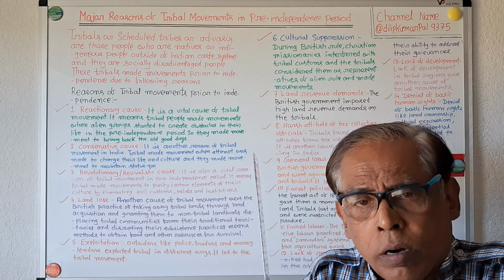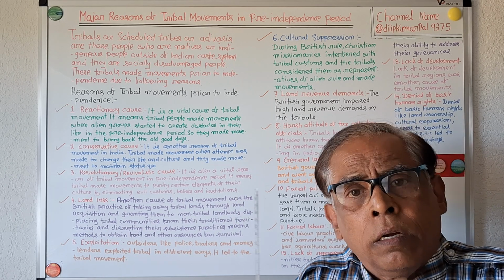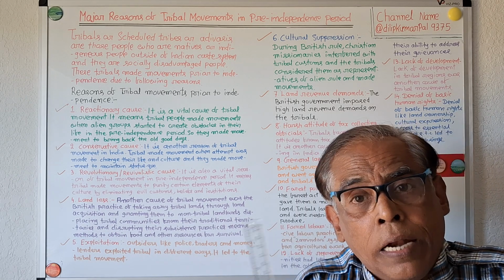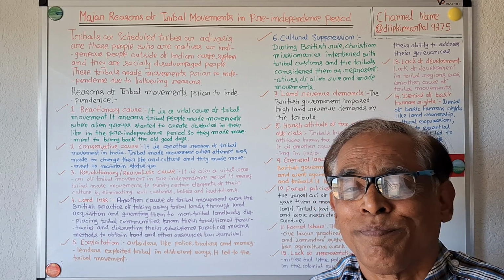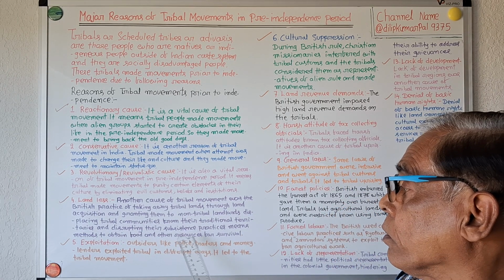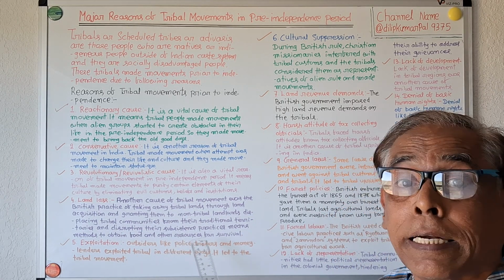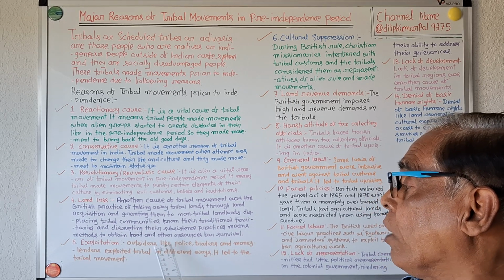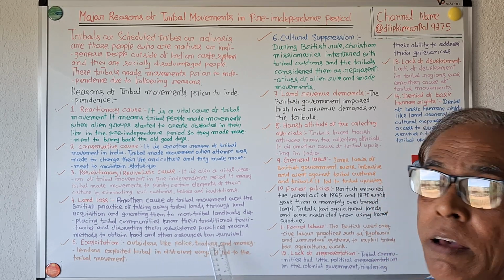On the one hand, tribals were deprived of their land, and they were deprived of subsistence practices, means methods to obtain food and other resources for survival.